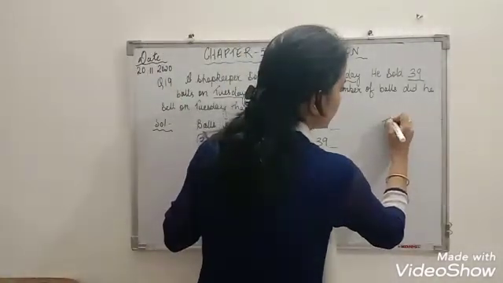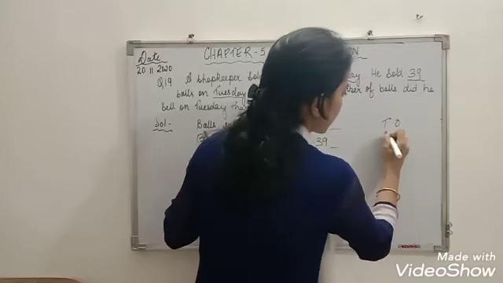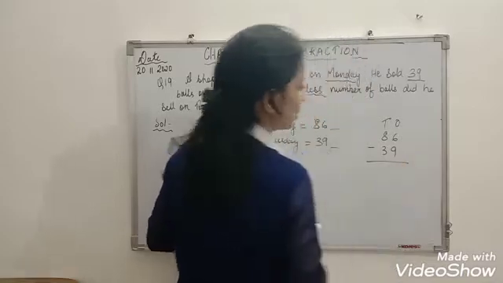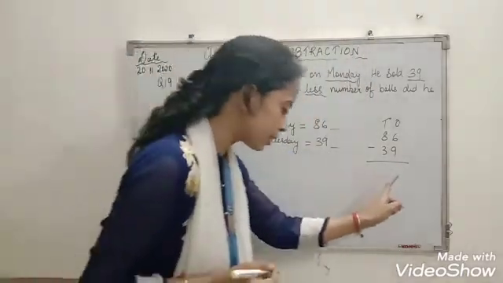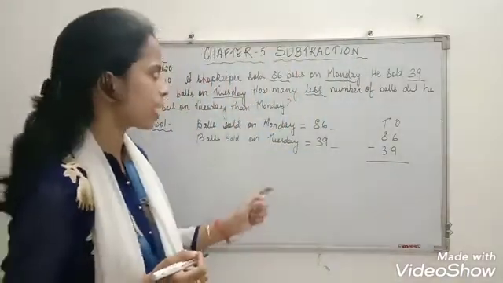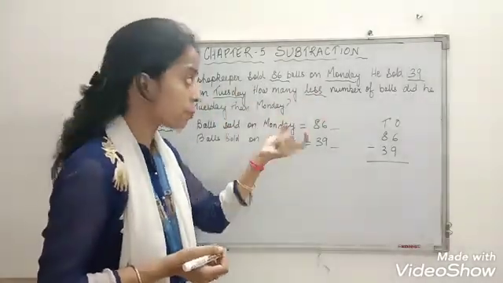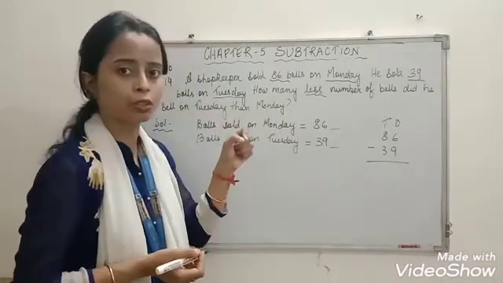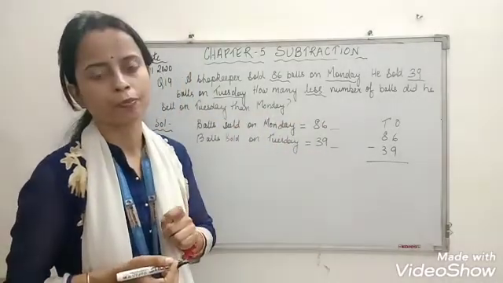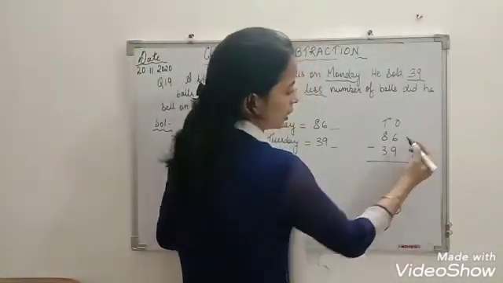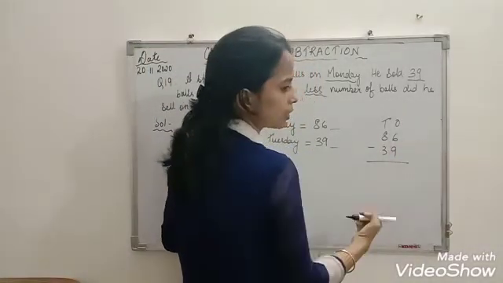So do subtraction, tens, ones. 86 minus 39. You have to do 86 minus 39 to find out the difference. Can you subtract 9 from 6?